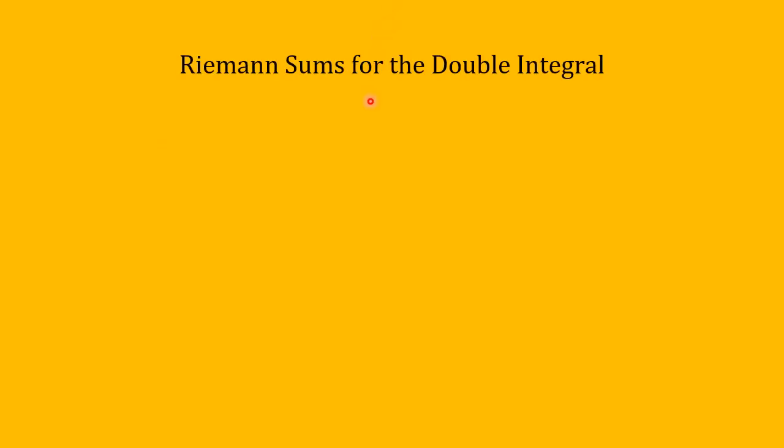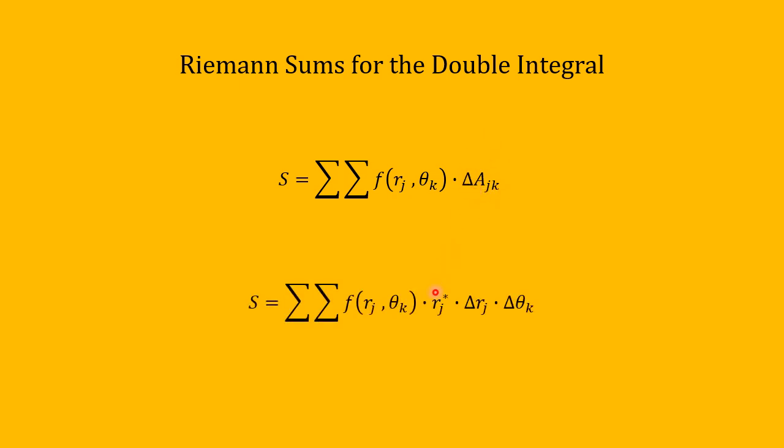So let's look at the Riemann sums for the double integral in polar coordinates. First of all, we can say that for a given partition, the Riemann sum will be the sum over all relevant j and k of f of r sub j, theta sub k times delta A sub jk. But we just saw what delta A sub jk was. So we substitute that in.